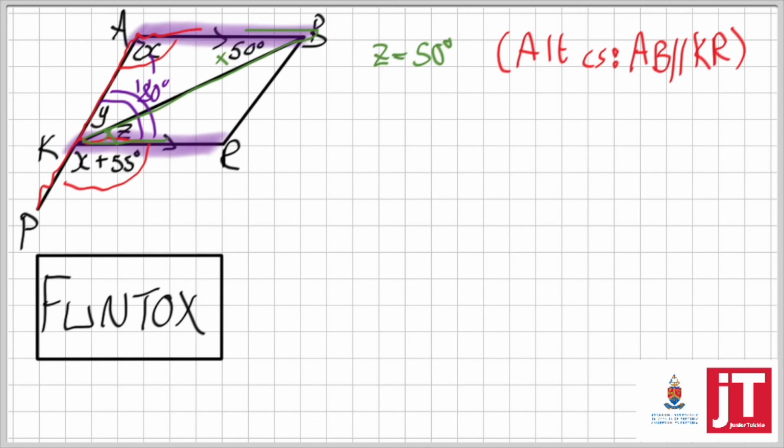Next up, remember to note your parallel lines. Next up, we are going to say, okay, if those two angles are the same, let me write it in on my sketch and let me try something else. Now, I'm going to go towards the F, which said that 2x must be equal to x plus 55 degrees because of corresponding angles.